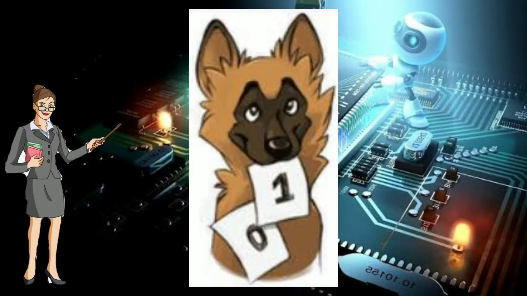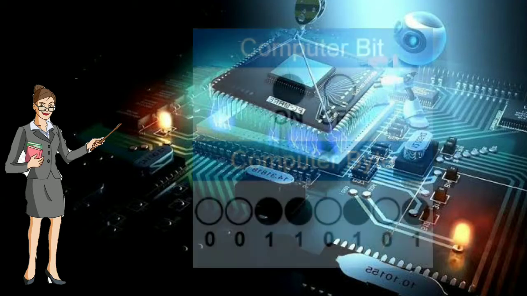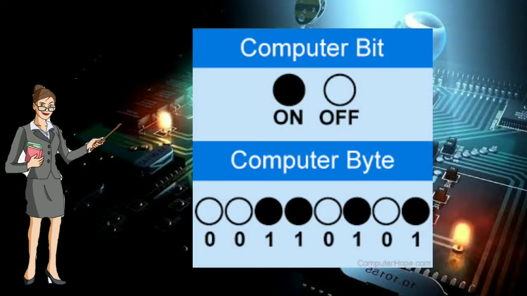It's two digits. These are 0 and 1. And this 0 and 1 is known as a bit. Okay, understood? What is a bit? 0 and 1. It is known as a bit. So 8 bits makes 1 byte.